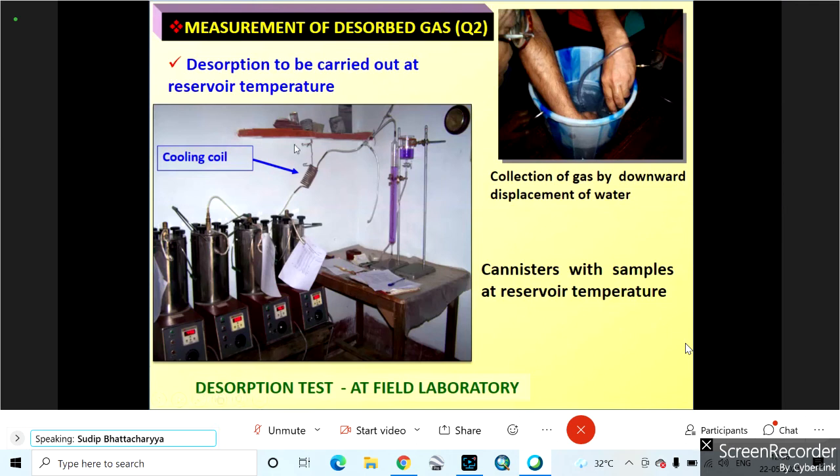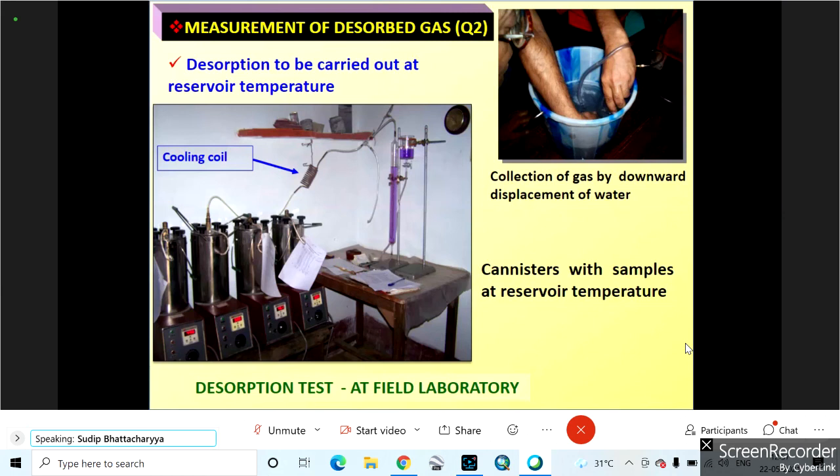So the gas, the methane gas, was absorbed during the coalification process. That means during the formation of the coal itself, at that level, it is entrapped within the coal itself.